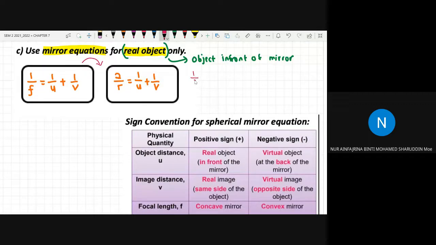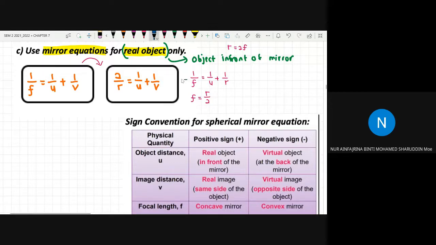So, first kita tahu dia adalah 1 over F equals to 1 over U plus 1 over V. And kita tahu focal length formula dia adalah radius over 2. Remember our learning outcome? Radius equals to 2F. So, bila Miss rearrange, akan dapat focal length equals to R over 2. I'm going to substitute this equation dalam equation yang pertama.